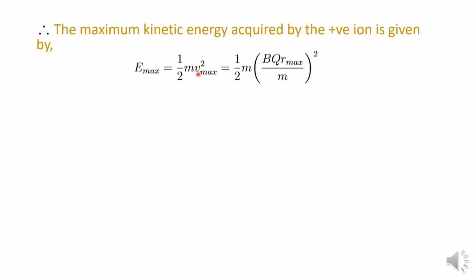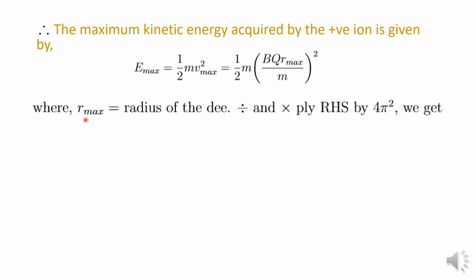Therefore, when the radius of the circular path takes its maximum value, velocity also takes its maximum value, and hence the kinetic energy is also maximum. Therefore, E maximum is equal to half m, and you substitute the value of v. Since the velocity is maximum, r is also denoted as r maximum, and r maximum is the radius of the electrode, that is d.